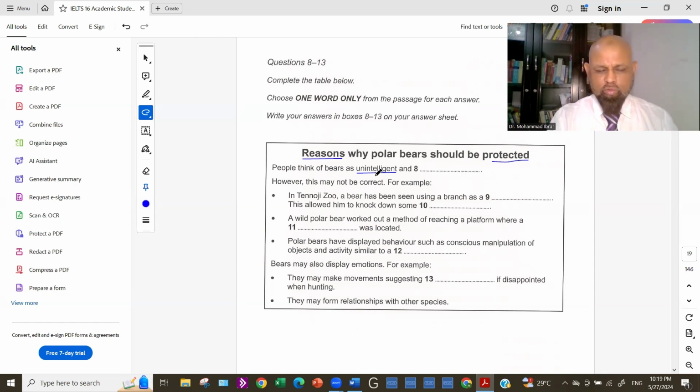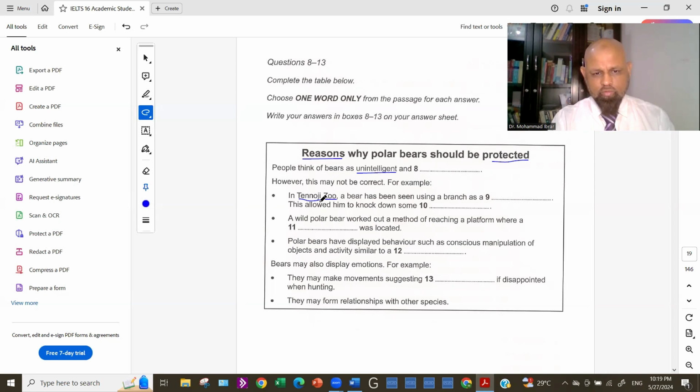You may find stupid or foolish or dumb-witted or maybe dumb, moron, something like this. So you have to think of synonyms of this particular adjective. In Tenuji Zoo. So this is also a keyword that can help you find the answer.